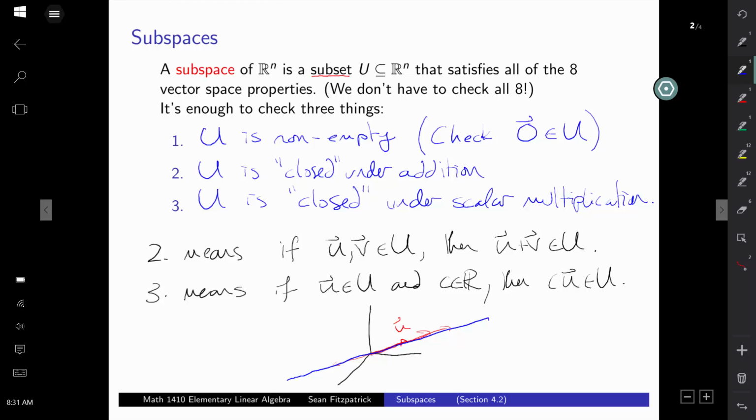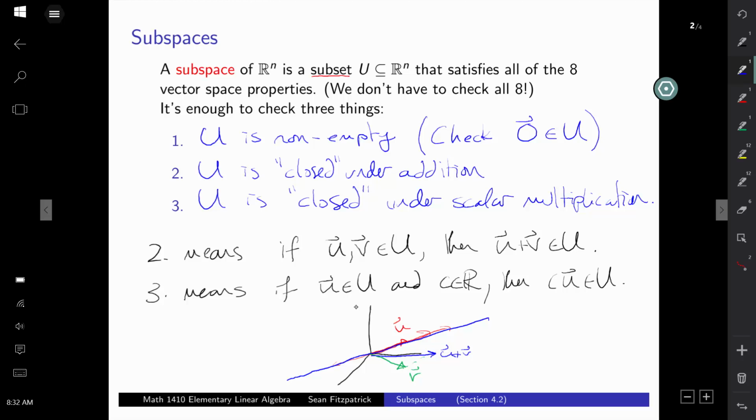And then if you were to add another vector v, so let's say I threw in a v, maybe v is here, then u plus v would have to be in there. So we would do our tip to tail rule. u plus v has to be in there, but also any scalar multiple of u, and any scalar multiple of v has to be in there.